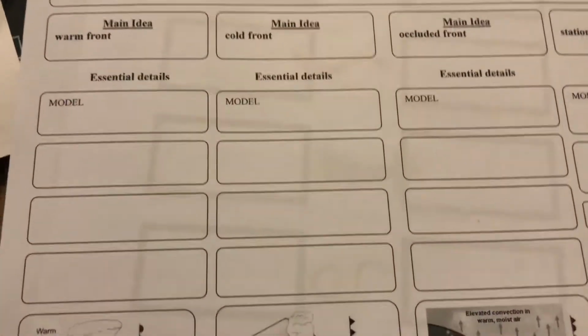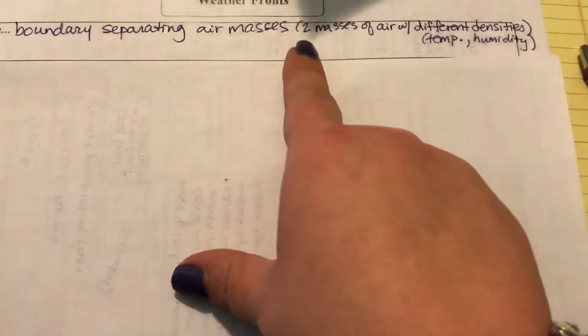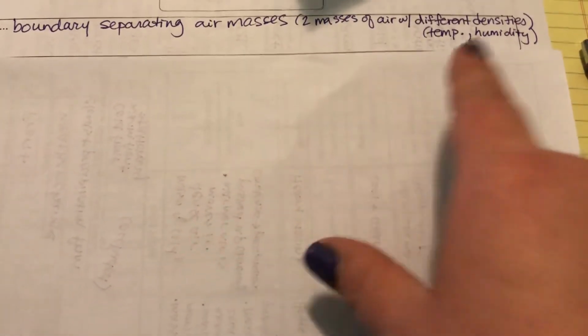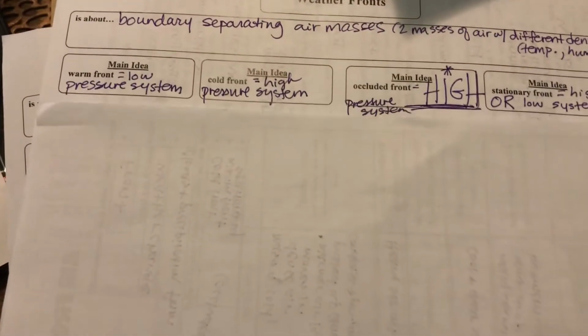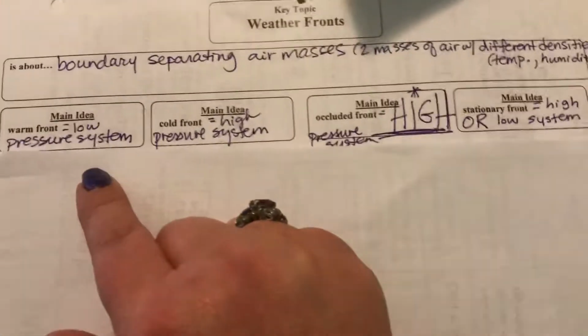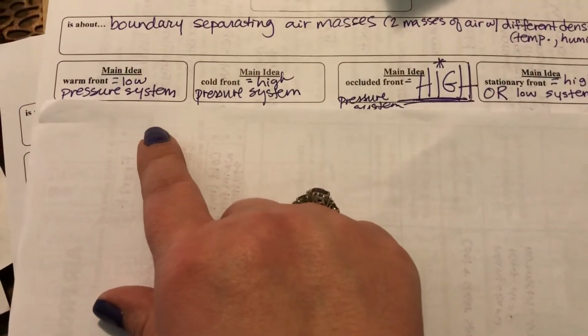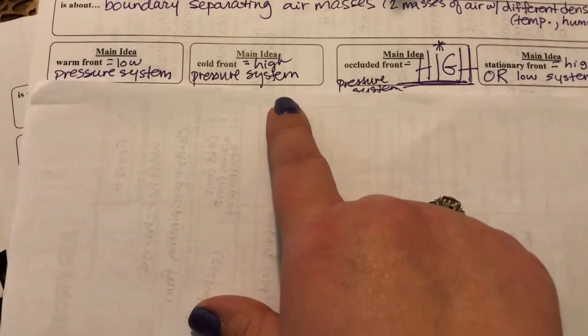So now let's look at this one. Weather fronts, boundary separating air masses. They have different densities and temperatures and humidities. The main idea of a warm front is you need to know that there is a low pressure system at a warm front and a high pressure system at a cold front.